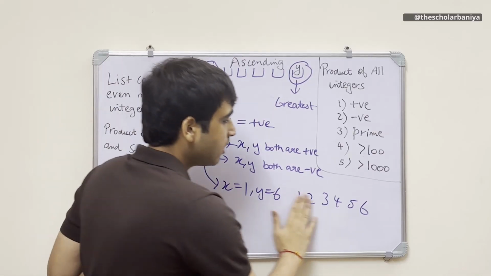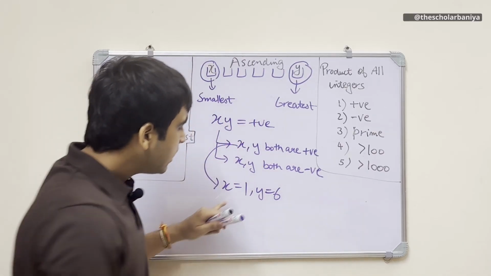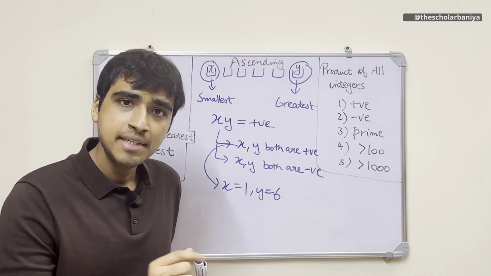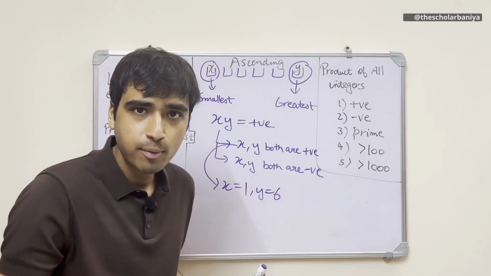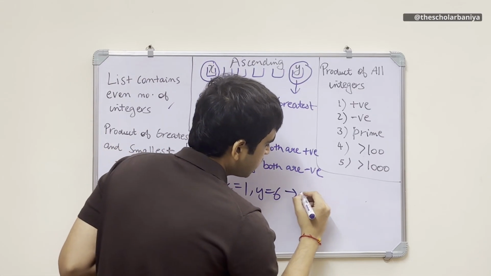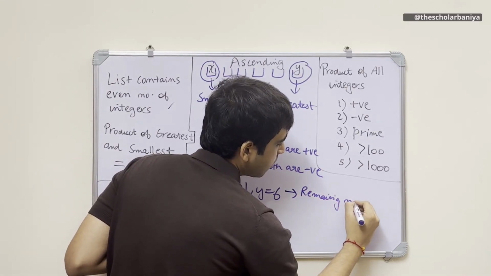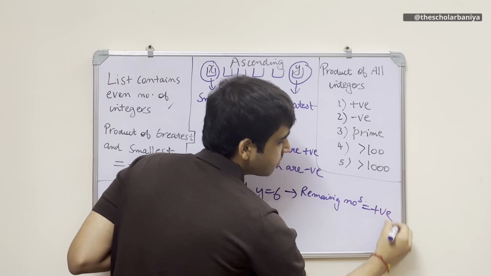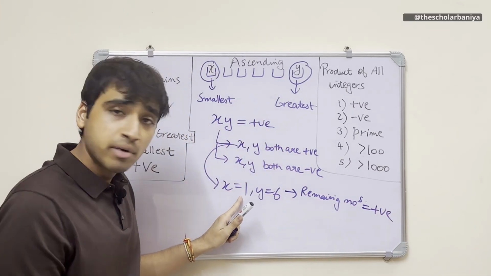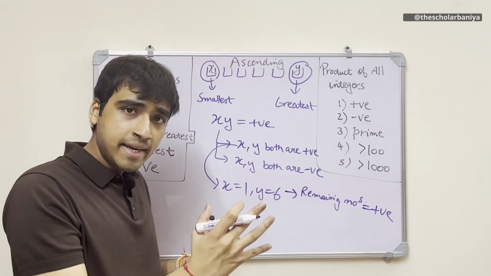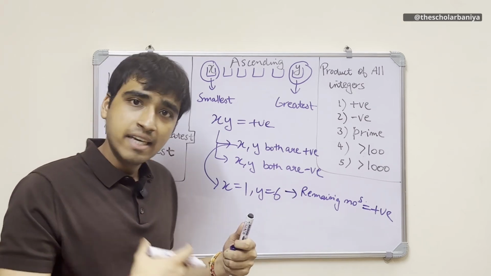More importantly, what does that mean? All the remaining numbers will also be positive. Because if the smallest number is positive and the greatest number is positive and all the remaining numbers are between these, obviously they will be positive.